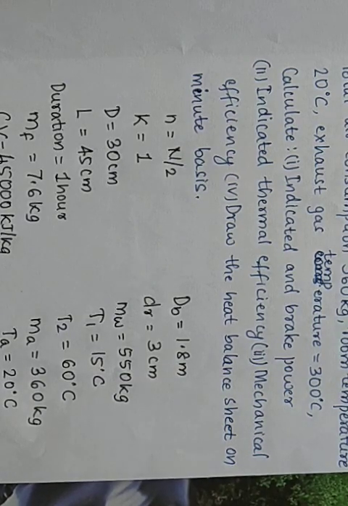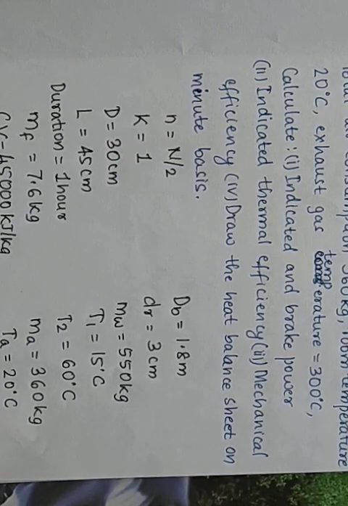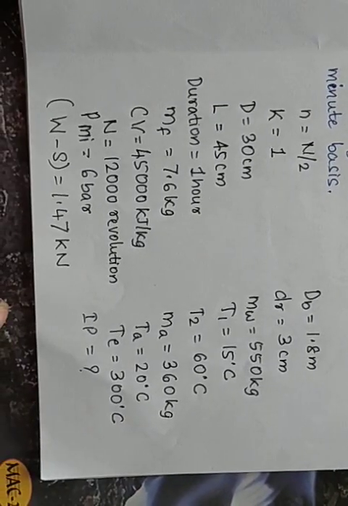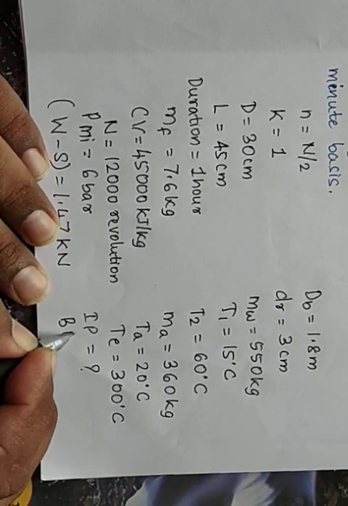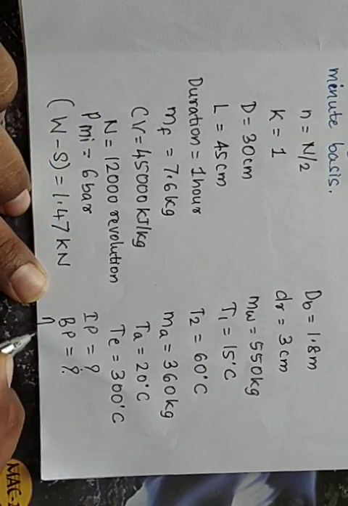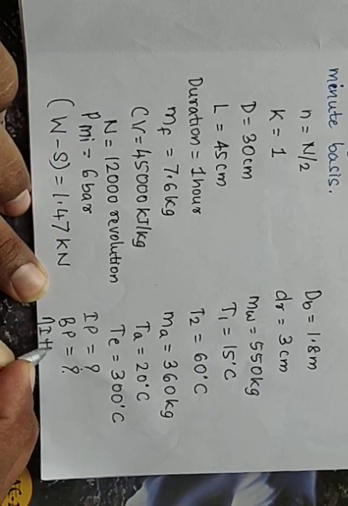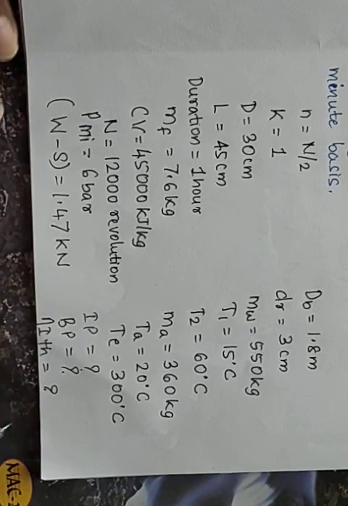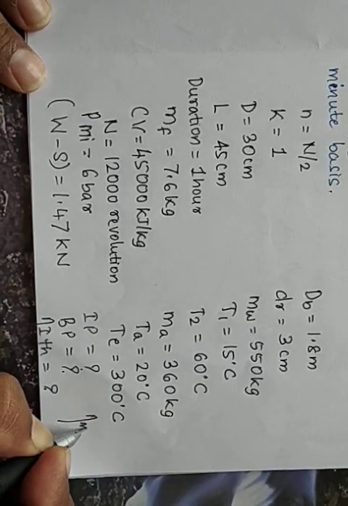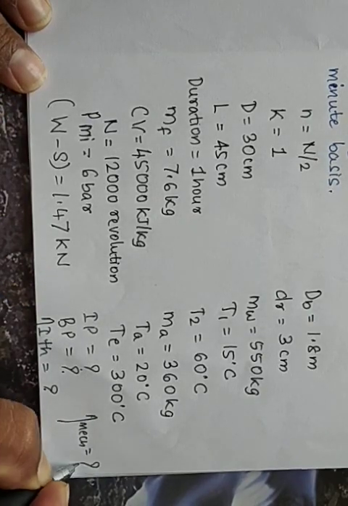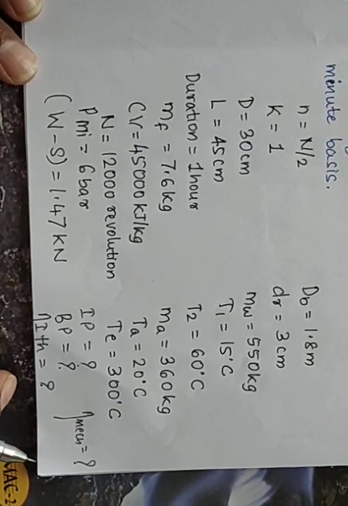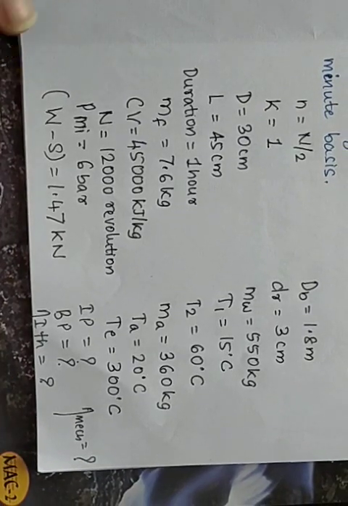Exhaust gas temperature TE equal to 300 degrees centigrade. Determine IP. So we need to find out IP. Then BP. Then indicated thermal efficiency. Then mechanical efficiency, and then heat balance sheet. So these are the things we need to find out in this problem.